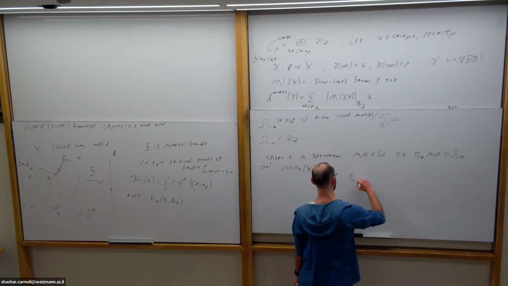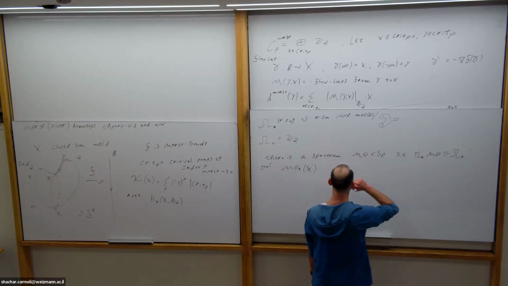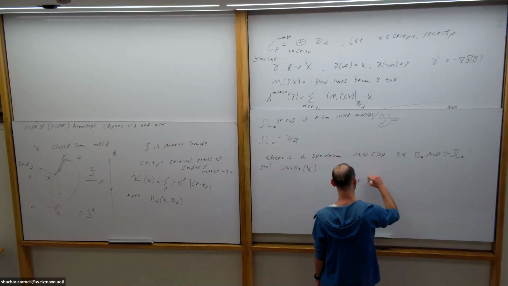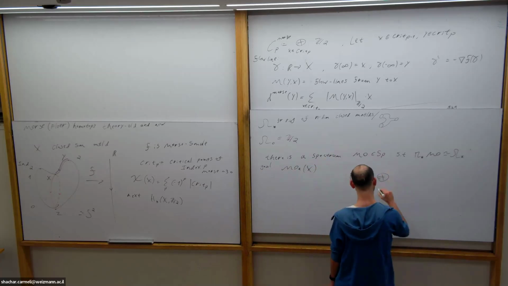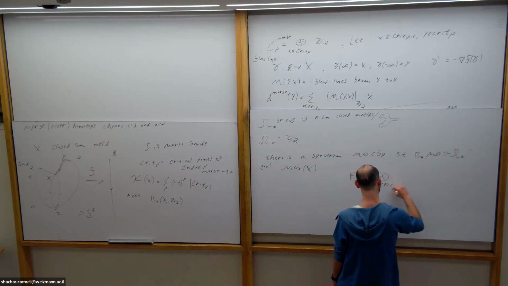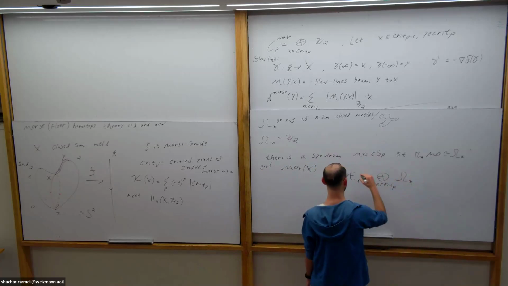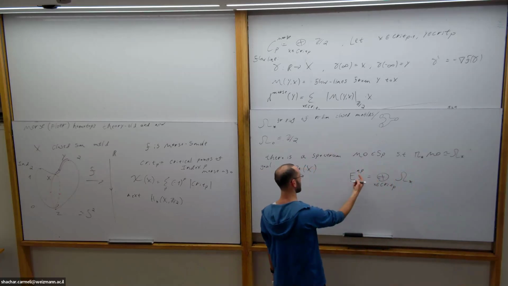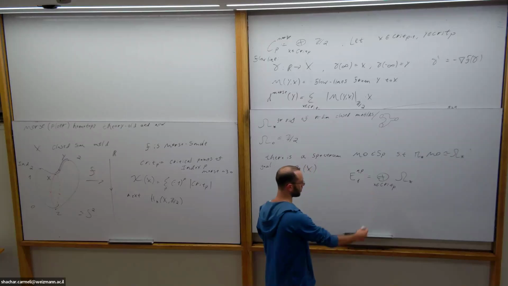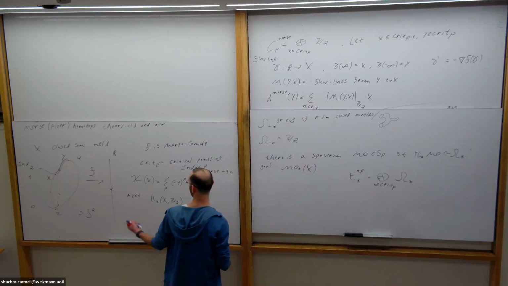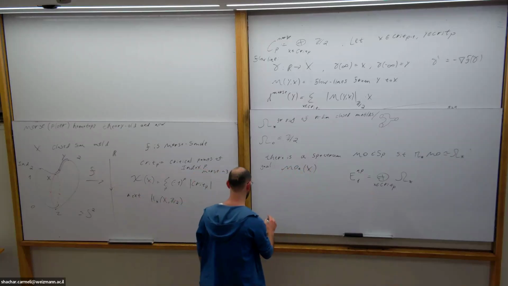So instead of having this chain complex, we will take the first page to be the direct sum of critical points of index P over this ring, and by that I mean that the first page at place N and P will be this thing. So for example, for this sphere, let's draw it.